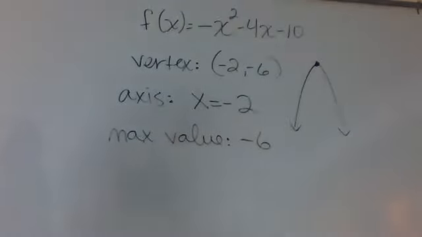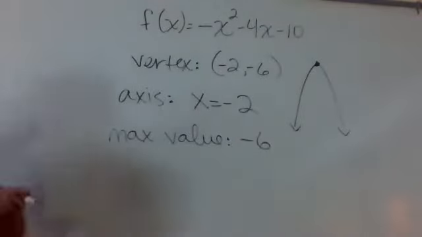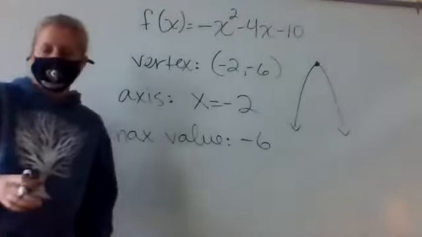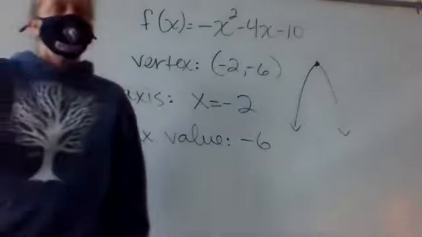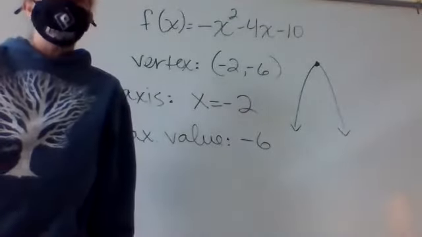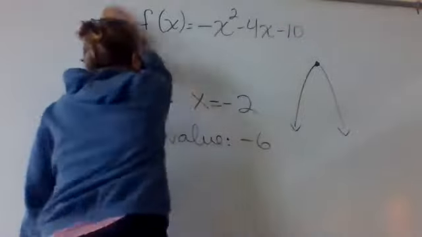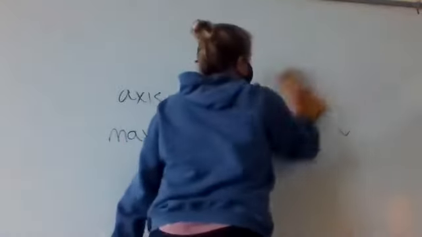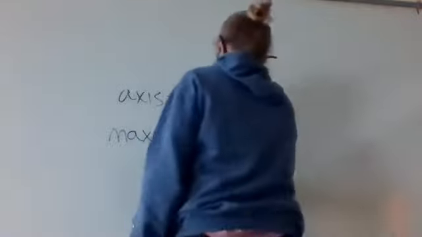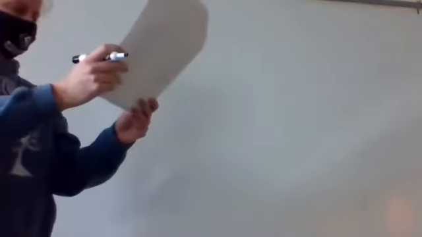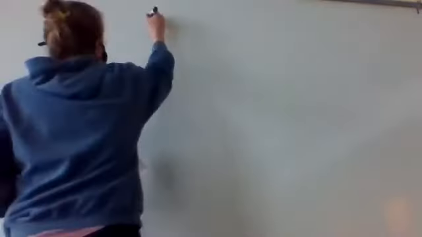Okay? Numbers 5, 6, and 7 are some true-false questions. So it's going to give us a statement about a parabola and then ask you if it's true or false. So let's look at number 5. f of x equals 5x squared minus 7x plus 2.